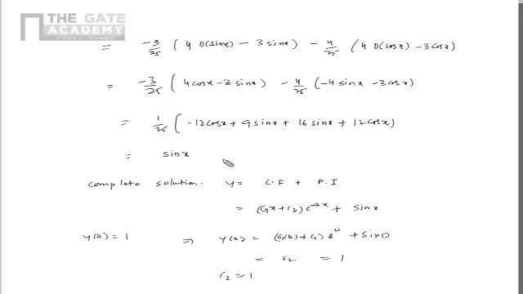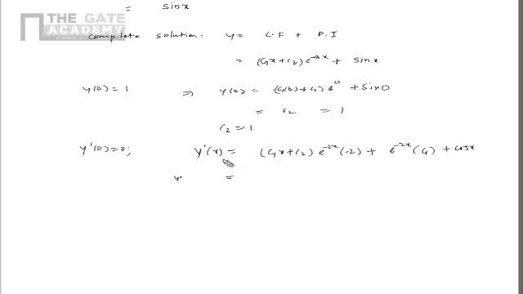Now y dash of 0 is 0, so let's first differentiate and find y dash. That is (c1x plus c2) e power minus 2x, with the chain rule giving minus 2, plus e power minus 2x times c1, and the derivative of sin x is cos x.